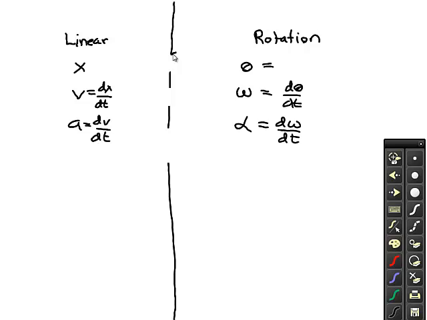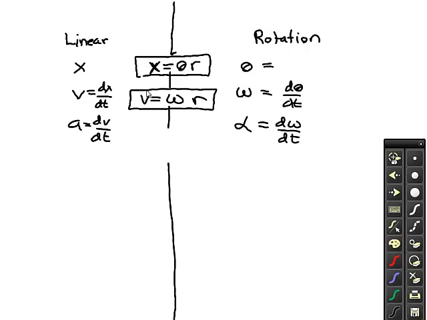So the equation that allows you to jump from one side to the other is x equals theta times r. And for v, v equals omega times r. And for a, we've got a sub t equals alpha times r.